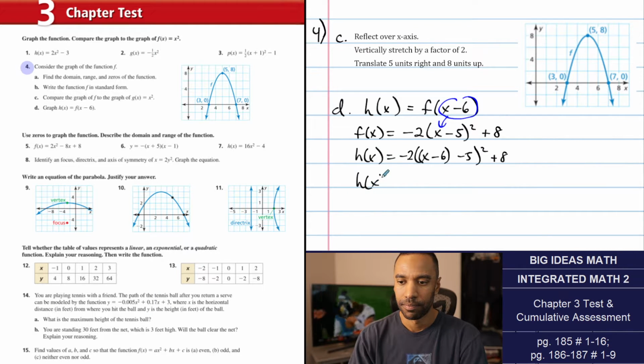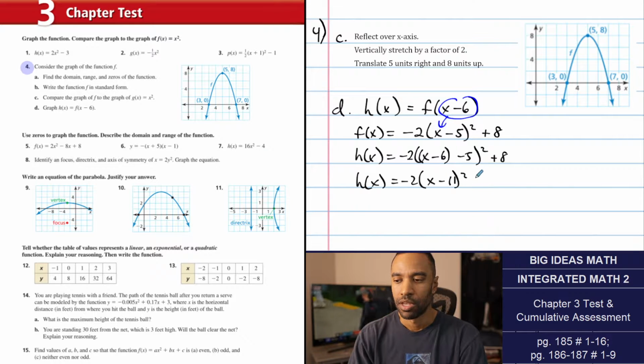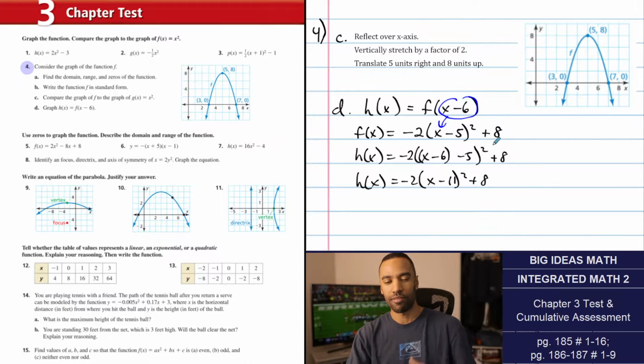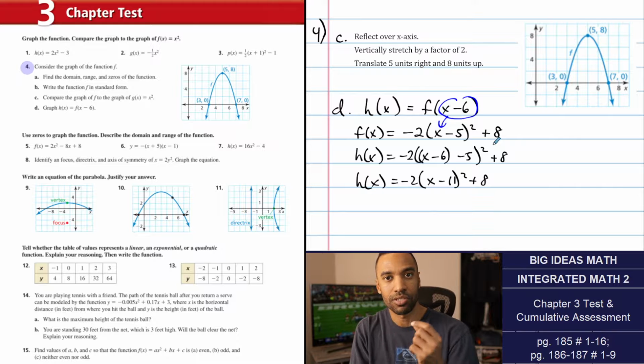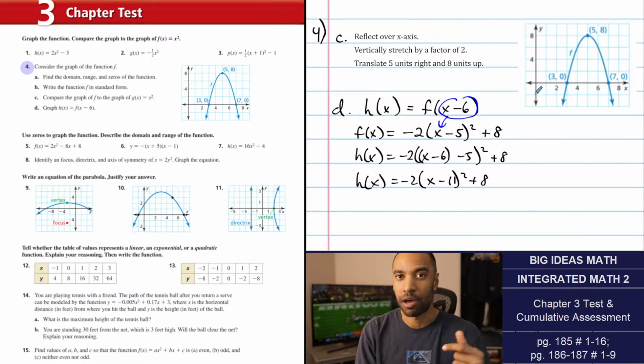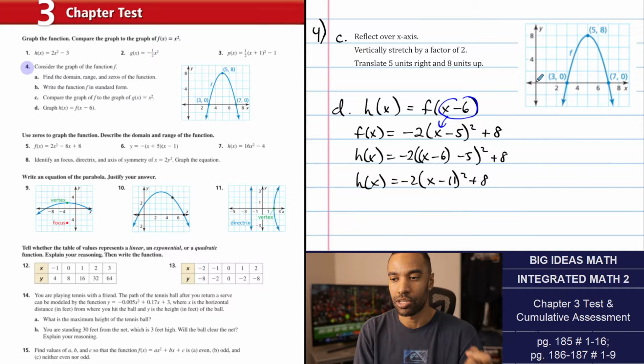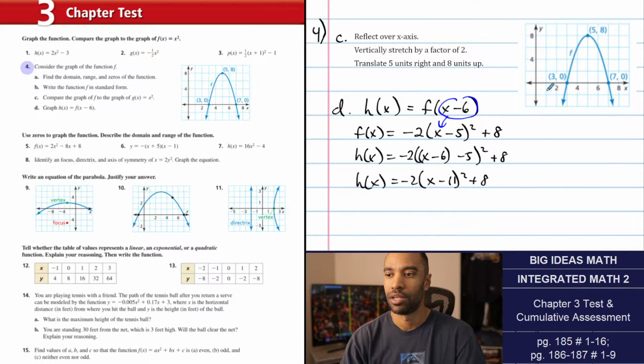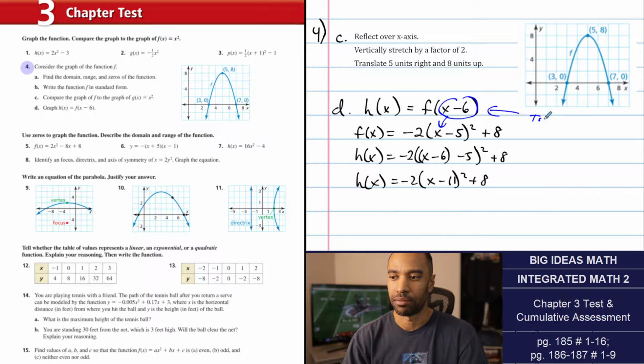Negative 6 minus 5 is negative 11. So how does this graph change to the previous graph? The vertex is now at 11, 8. So instead of 5, 8, it's translated 6 units farther right. Translate 6 units right of that other graph.